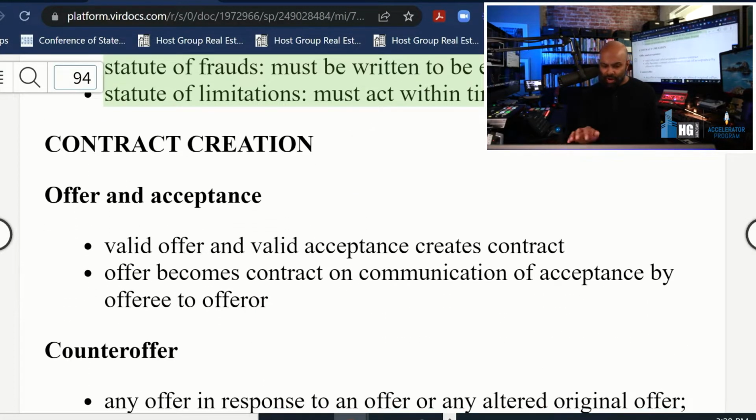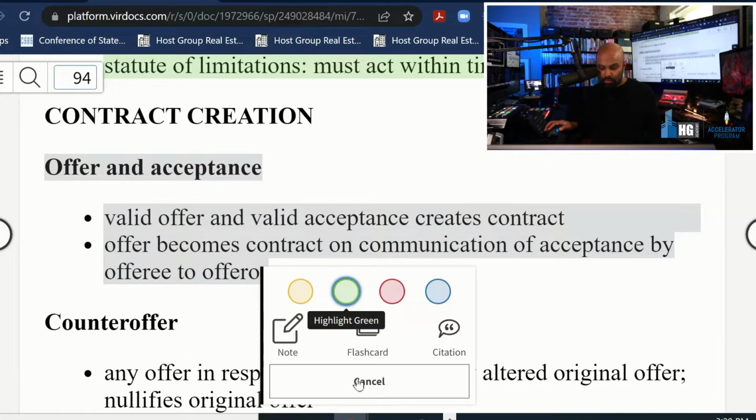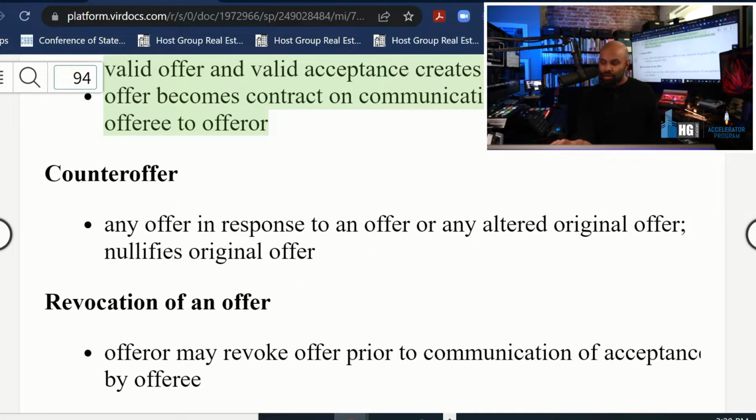To create a contract, we have an offer and an acceptance. A valid offer and a valid acceptance creates a contract. An offer becomes a contract on communication of an acceptance by the offeree to the offeror. A counter offer or counter proposal is any offer in response to an offer that alters the original offer. It nullifies the original offer.